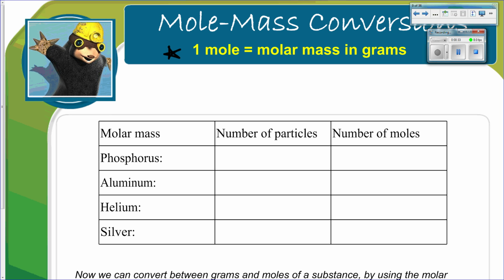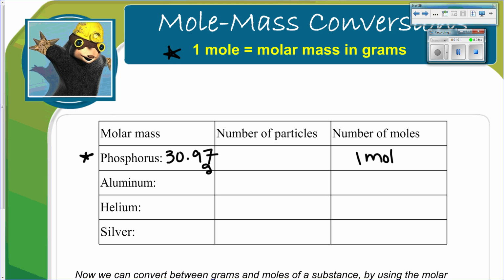If you look at your periodic table and you go to, say, phosphorus, you look at the mass of phosphorus, it is 30.97. That is the molar mass in grams of phosphorus, and that is also 1 mole of phosphorus. So if you have 30.97 grams of phosphorus, then you have 1 mole of phosphorus.